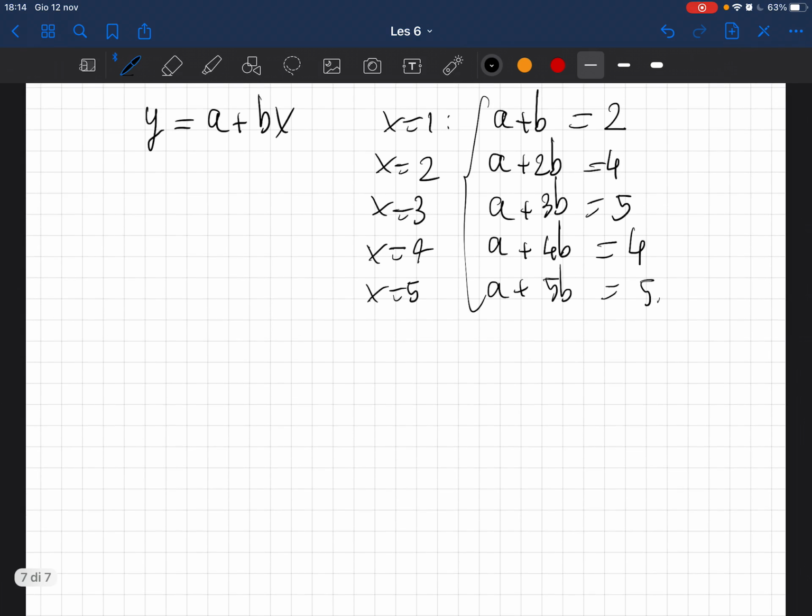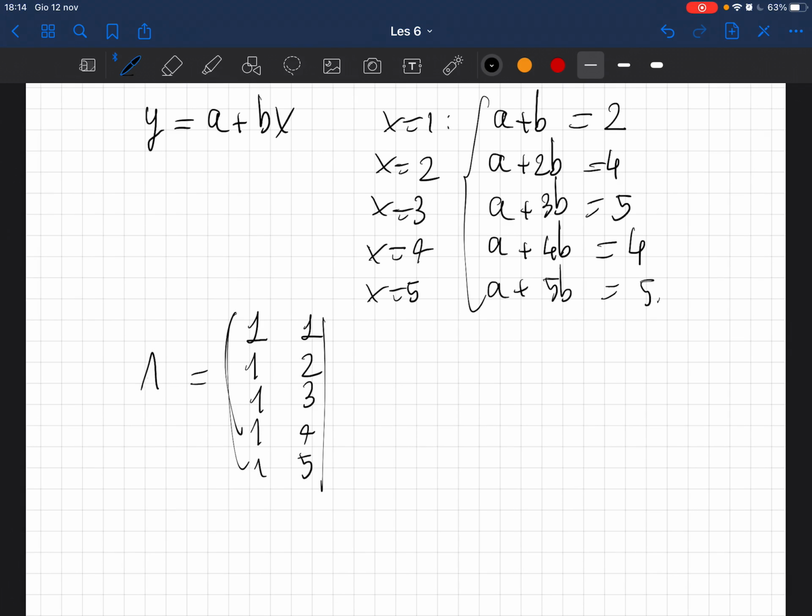It's easy to find a matrix: 1, 1, 1, 2, 1, 3, 1, 4, 1, 5.